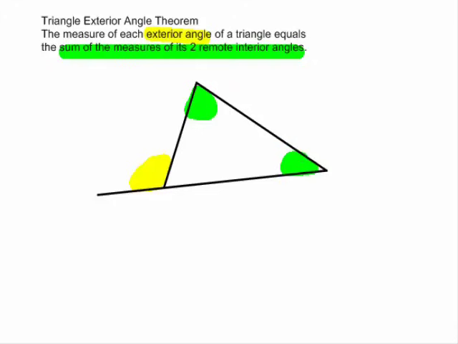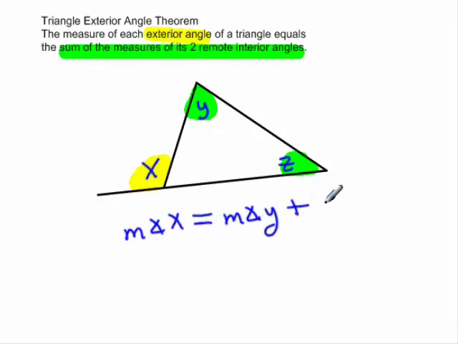So what this tells us is if I have angle X, angle Y, and angle Z, since angle X is an exterior angle, and angle Y and Z are its two remote interior angles, the measure of X equals the sum of the measures of angles Y and Z. Now, most of you probably just look at it and say, well, X equals Y plus Z. That is correct. So let's put this in an actual algebraic form.